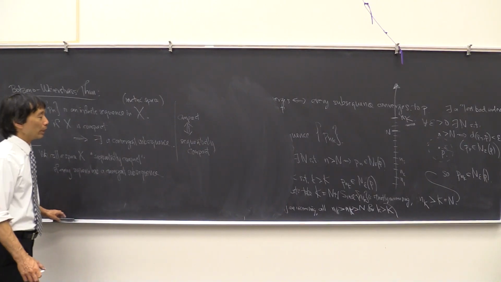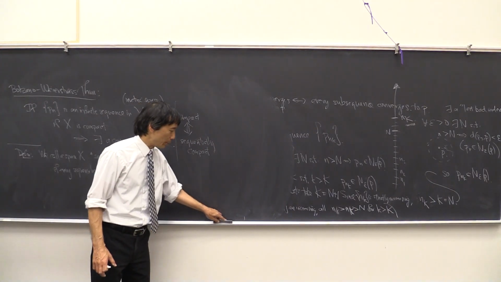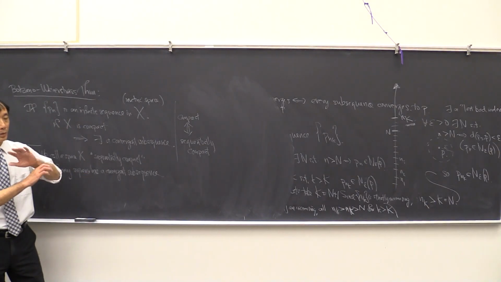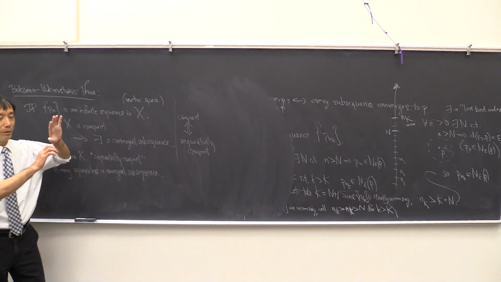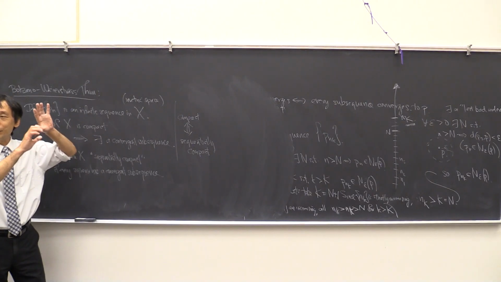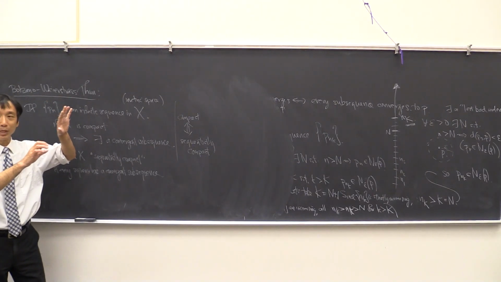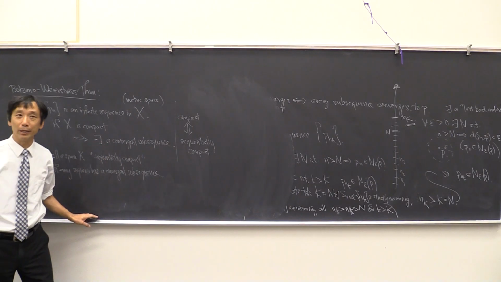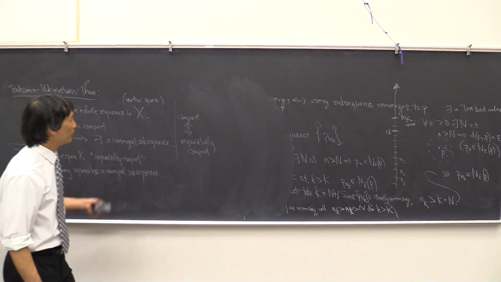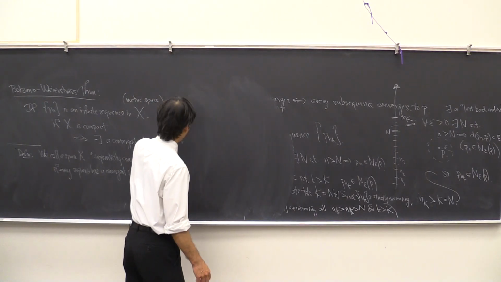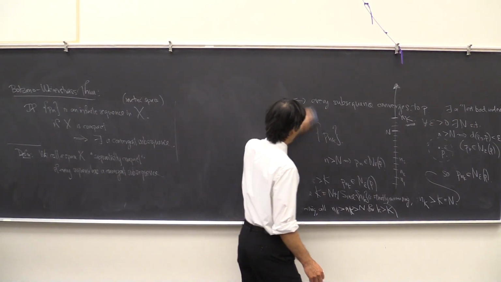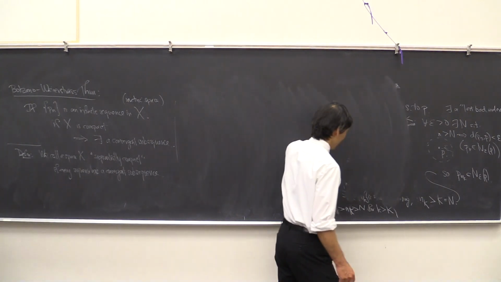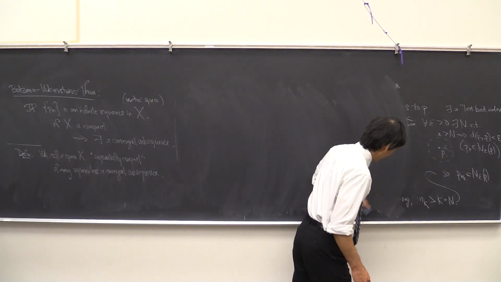In fact, there's another book that just ignores the topological, open cover compactness, and goes directly to sequential compactness and goes from there. That's one way to do it, but then you don't know what topological compactness is.